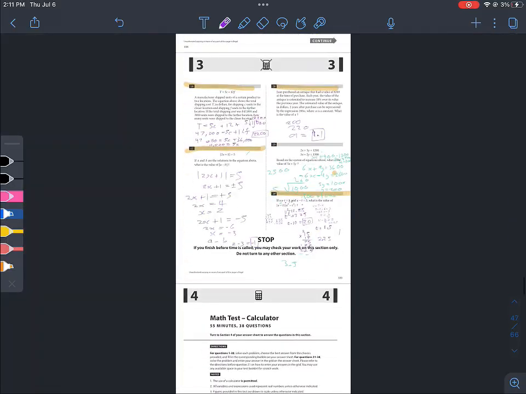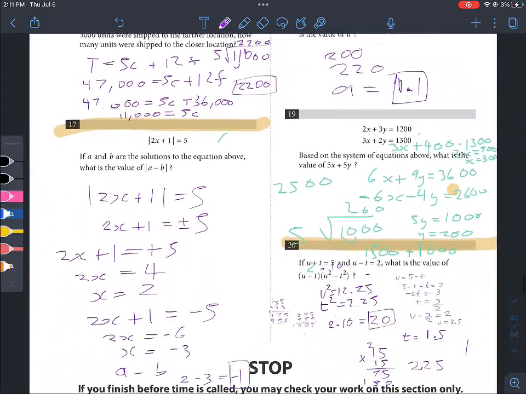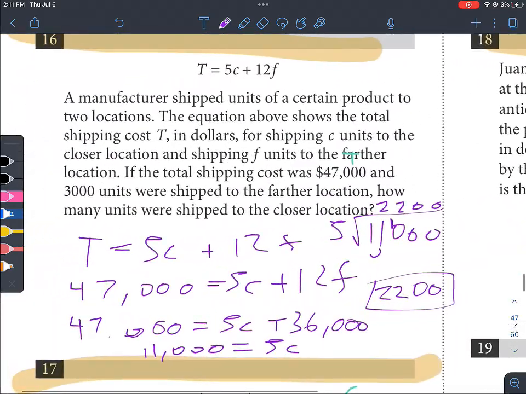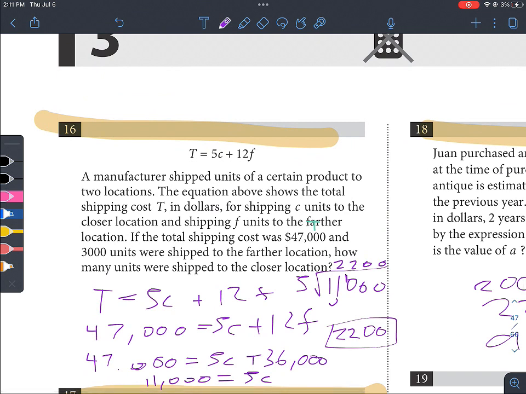Some of these were actually easy. I was just not thinking properly. Yeah. Read your questions fully. I guess that's the lesson from this. Let's check 16 before we head out. 11,000 divided by 2,200.